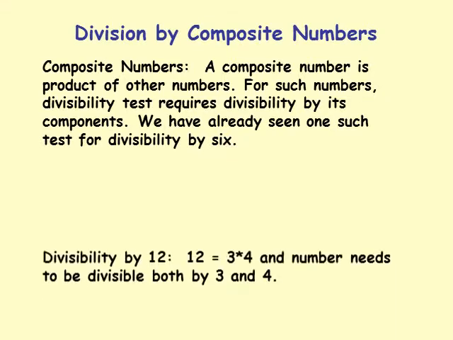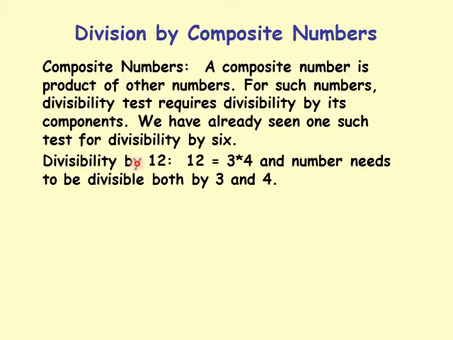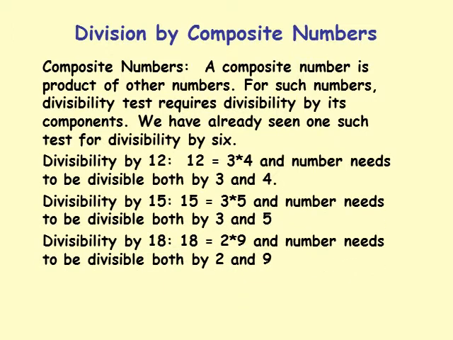Divisibility by 12. 12 is 3 times 4, and for a number to be divisible by 12, it has to be divisible both by 3 and 4. Number 15: 15 is 3 times 5.